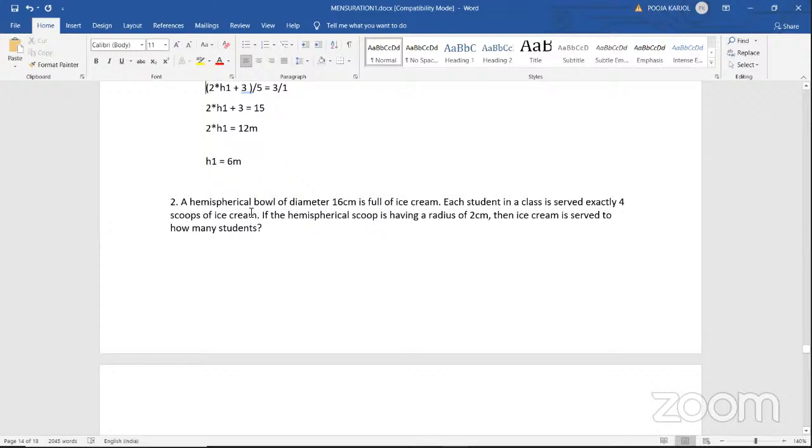A hemispherical bowl of diameter 6 centimeter is full of ice cream. Each student in a class is served exactly 4 scoops of ice cream.